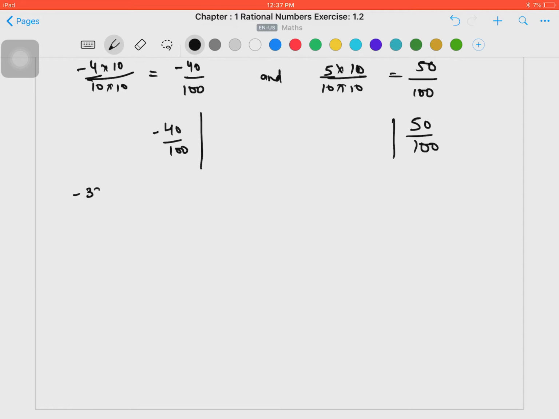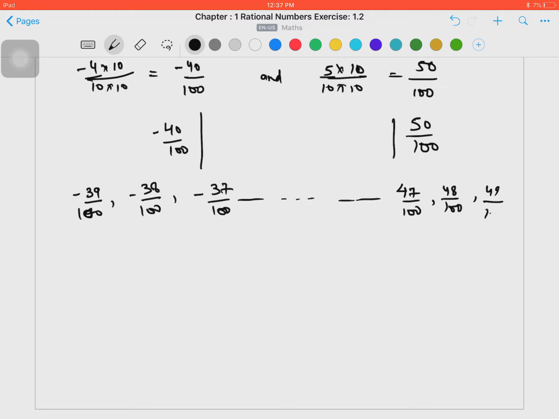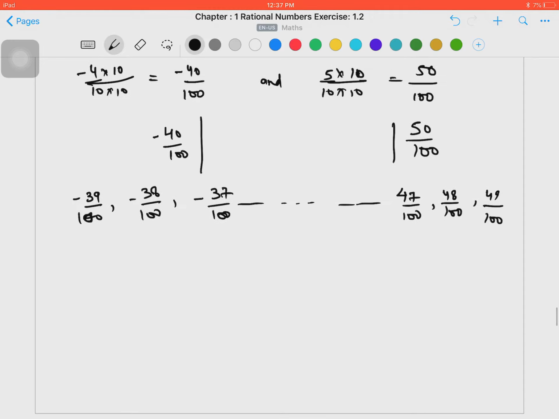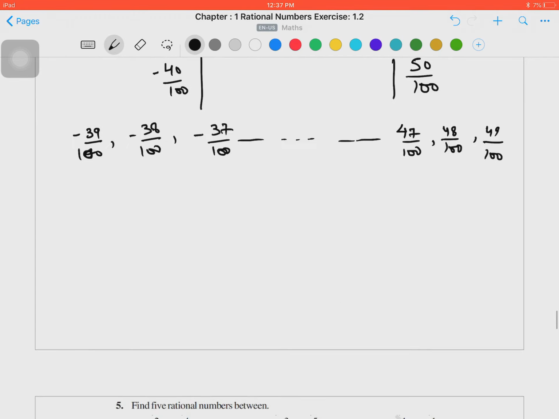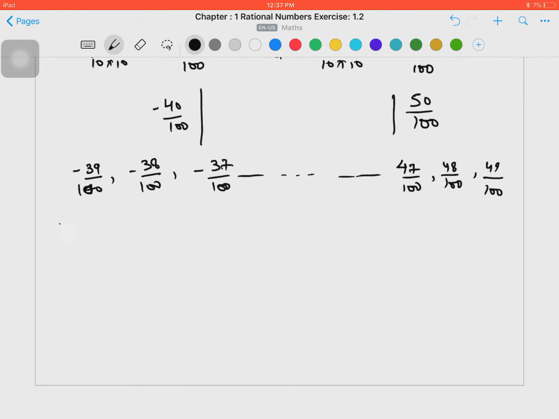Numbers will be minus 39 by 100, minus 38 by 100, minus 37 by 100, and so on till 47 by 100, 48 by 100 and 49 by 100. Now you can easily choose any 10 numbers out of this. You are asked to write 10 numbers, so you can pick any 10 numbers to write.